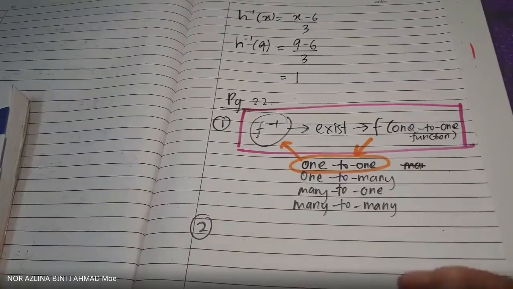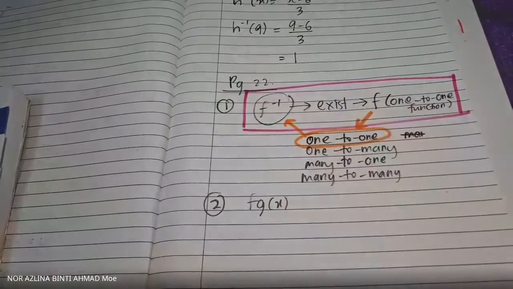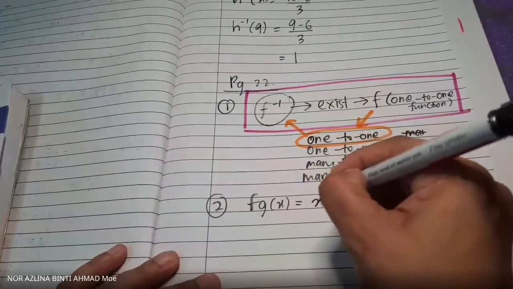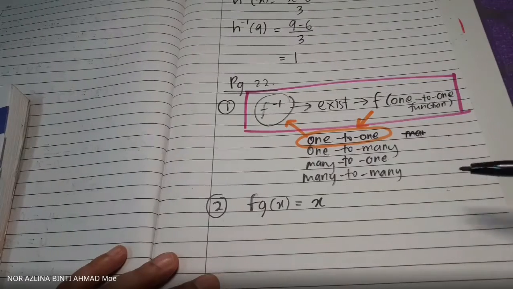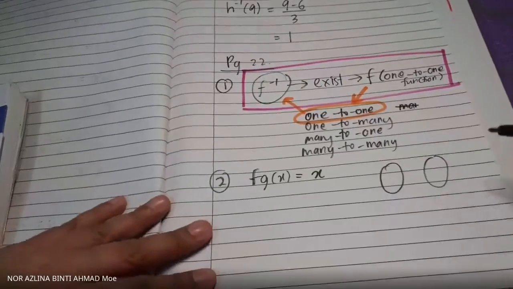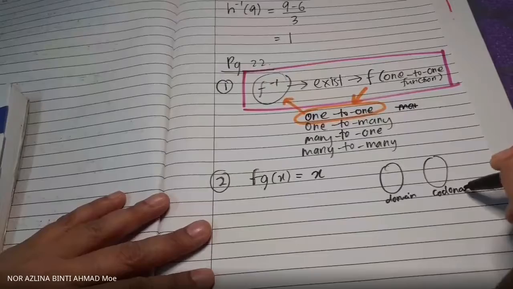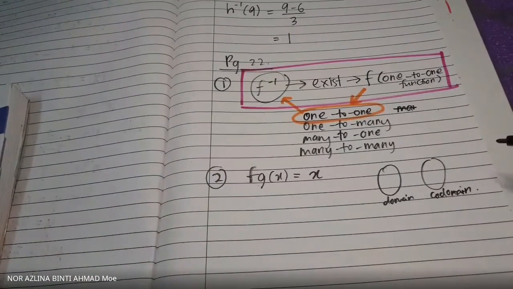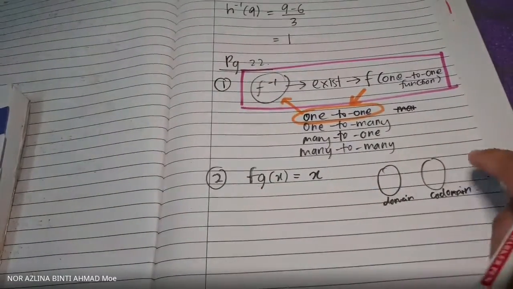Okay, yang ini, f(g(x)) equal to x, x in the domain of g. Okay, domain tu yang belah kiri kan. Kita ada domain. Ini codomain. X in the domain of g. So x ini adalah domain bagi g.